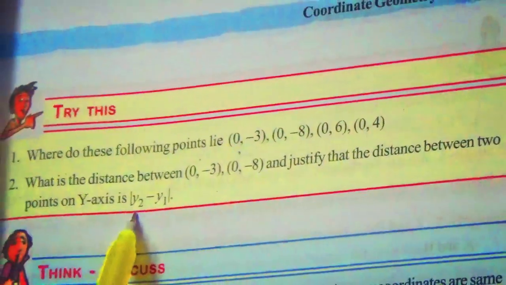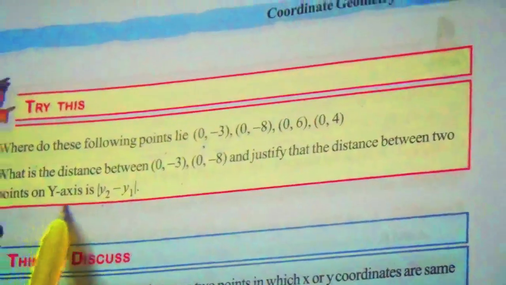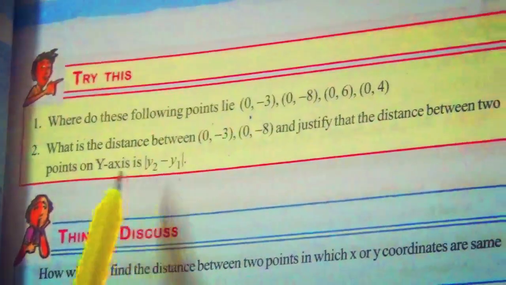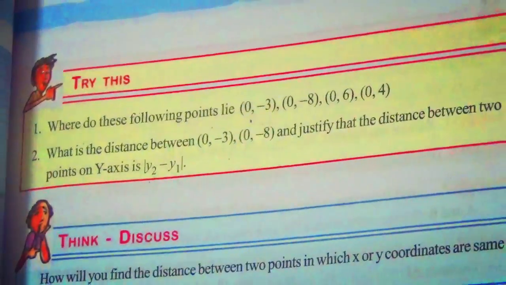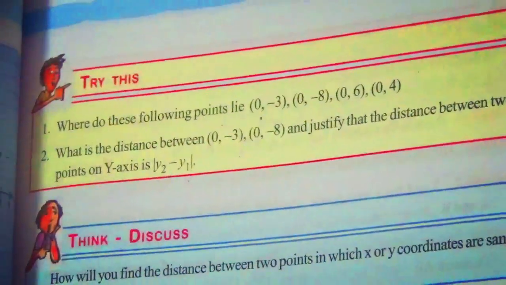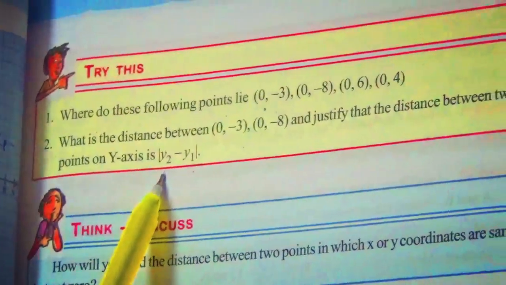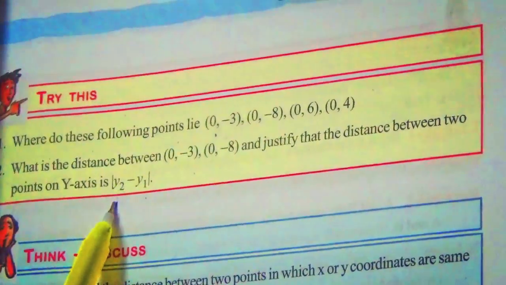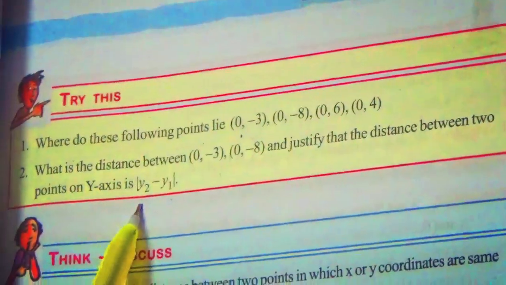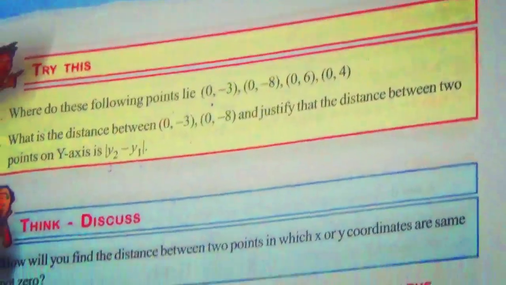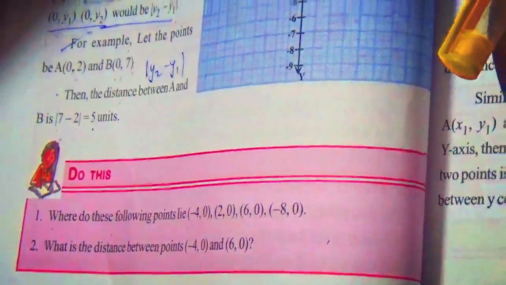What is the formula you have to take here? Modulus of y2 minus y1. Justify that the distance between the 2 points on the y-axis is y2 minus y1. Yes, we are justifying. When you calculate the distance between the 2 points, it gives the same answer as the formula of modulus of y2 minus y1. So just like this, try this also.